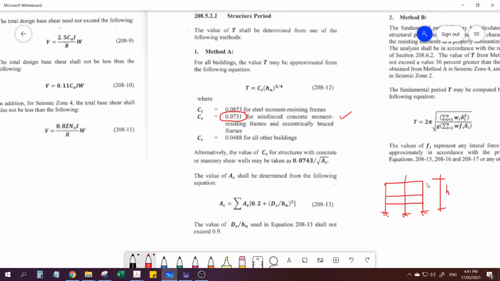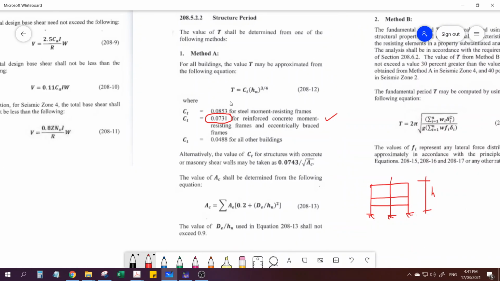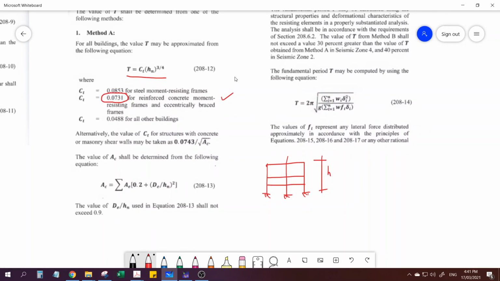Take note, you have two methods to determine the period. Method A is this one. While method 2, or method B, is this one. Now by now, I guess you should be familiar with the formula 2 pi square root of m over k.